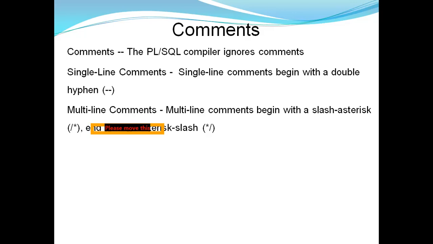Now comments are of two types. One is single line comment and second is multi-line comment. Single line comment is used with a double hyphen, and multi-line comment begins with a slash asterisk and ends with an asterisk slash.